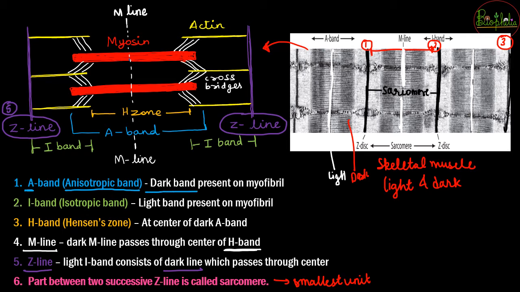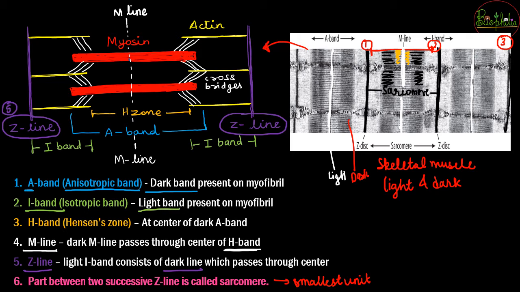So if you can see over here that there are going to be some dark regions present in the sarcomere. और ये जो डार्क रीजन्स हैं, between the lighter regions, if you can see, यहाँ पे लाइटर रीजन्स हैं. These lighter regions and the darker regions are nothing but the I band and the A band. So A band over here is demonstrated by the blue color, whereas the I band is represented by the green color. So I band, isotropic band, A band, anisotropic band.